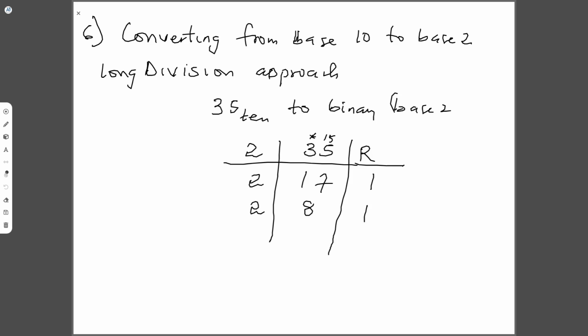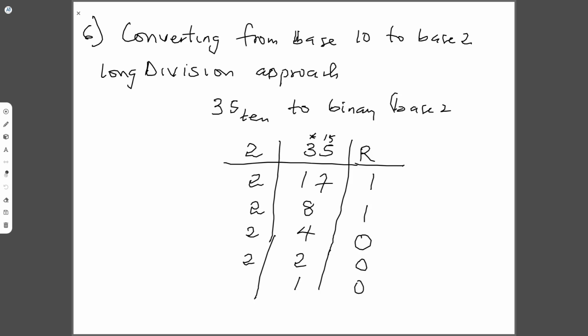Again, 2. Divide 8 by 2, the answer is 4, and the remainder is 0. Divide 4 by 2, we have 2, and the remainder is 0. Divide these 2 also by 2, we have 1, and the remainder is 0.